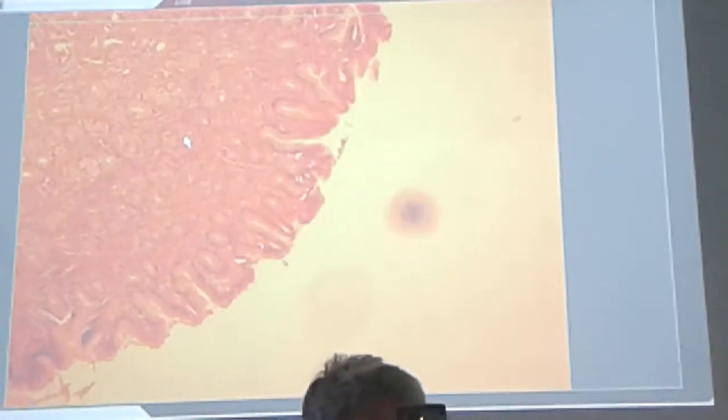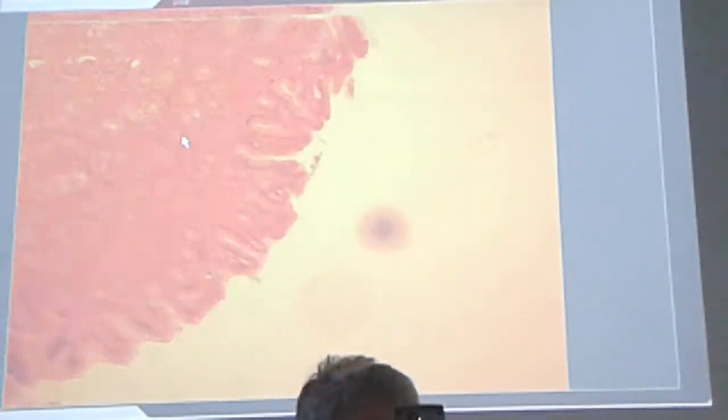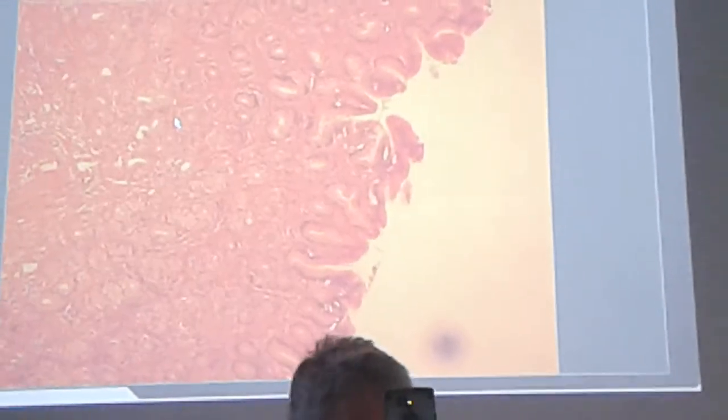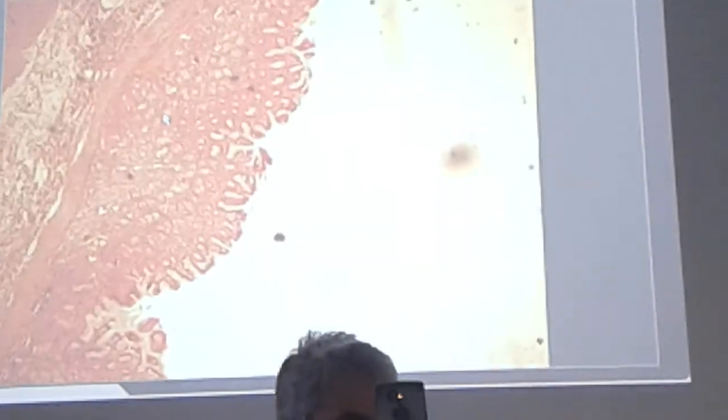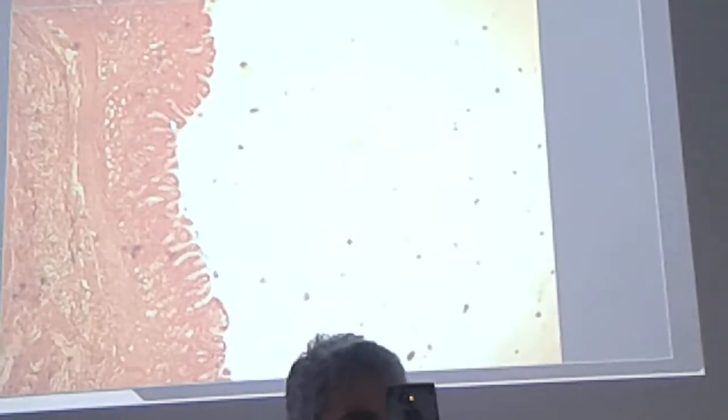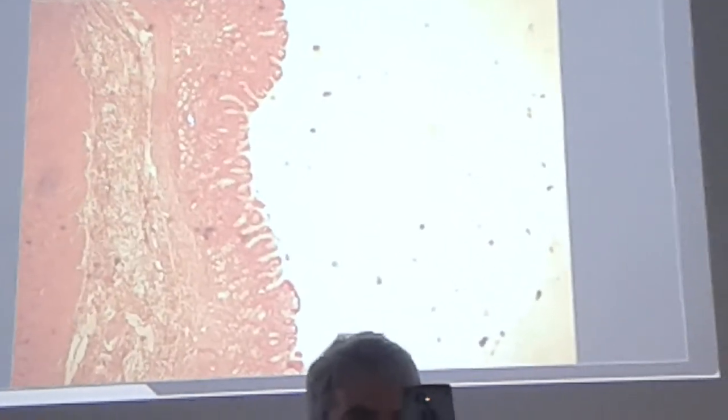And one more identity along this stomach. Here you can see that we have the pits, and then, as I told you, the glands. But I want to go through this stomach section further, and as you see, the gastric pits are getting longer, but on the other hand, the glands are getting shorter.